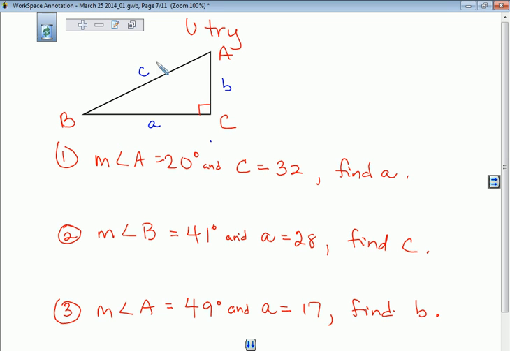Is that how you would solve it? You try to find A, opposite of the angle, and you already have the hypotenuse, so you have to use one that includes them.